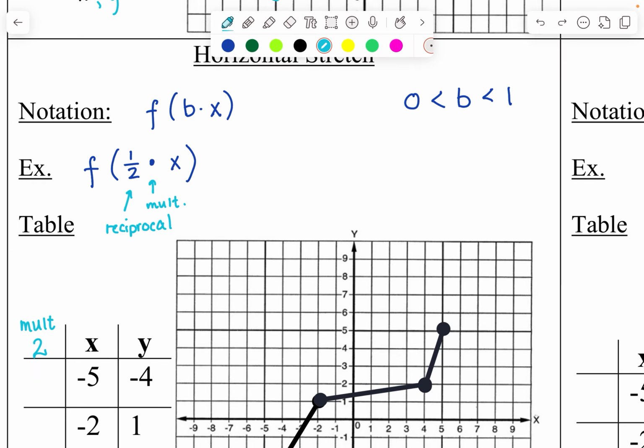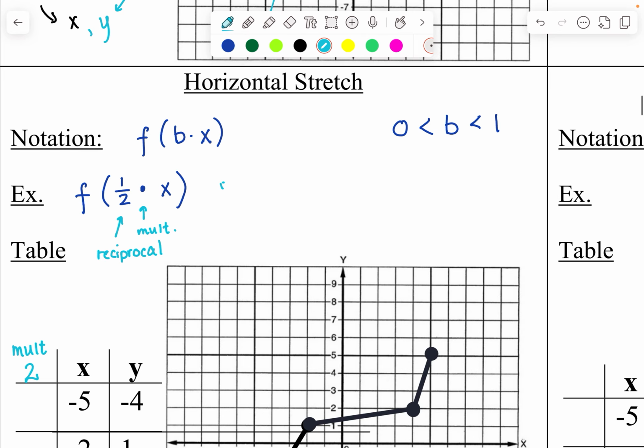Here we go. I'm going to write it in words. This is going to be a horizontal stretch. I'm not going to write that whole thing out. Let's abbreviate.